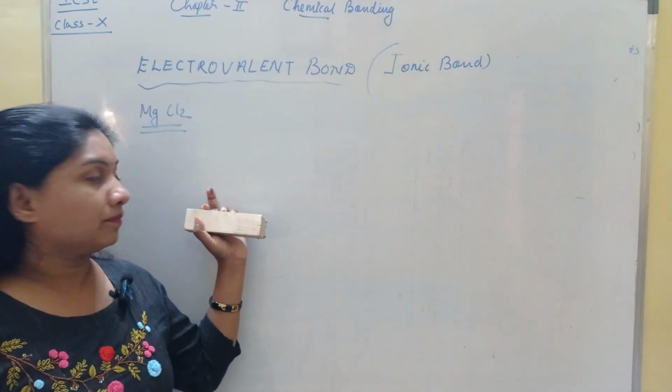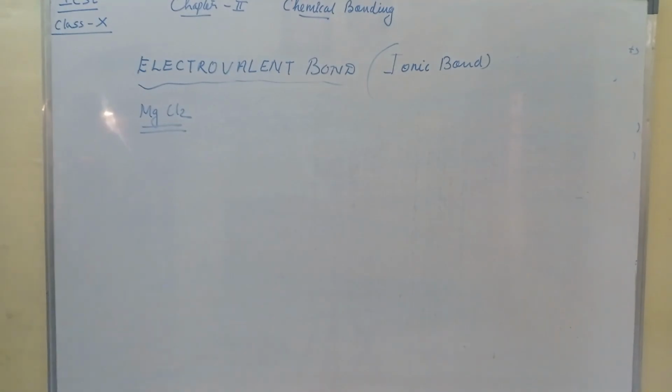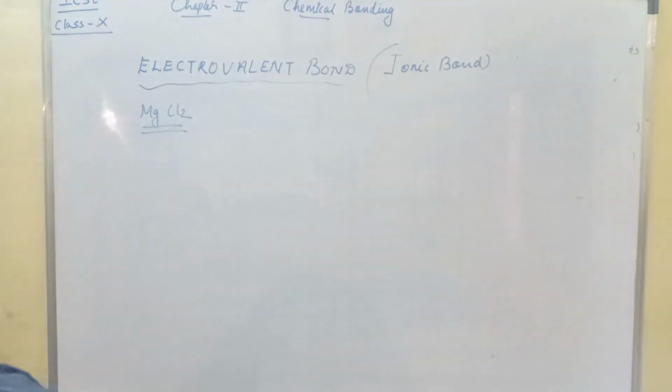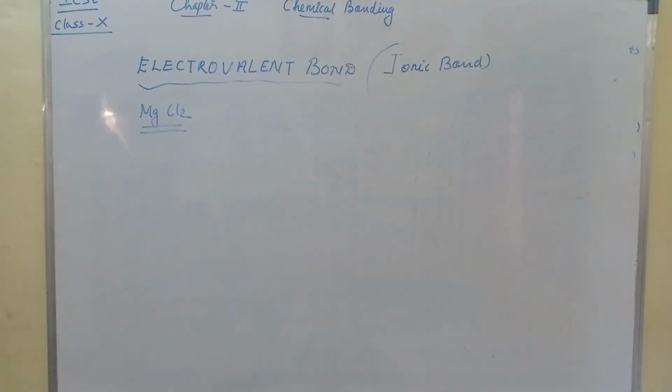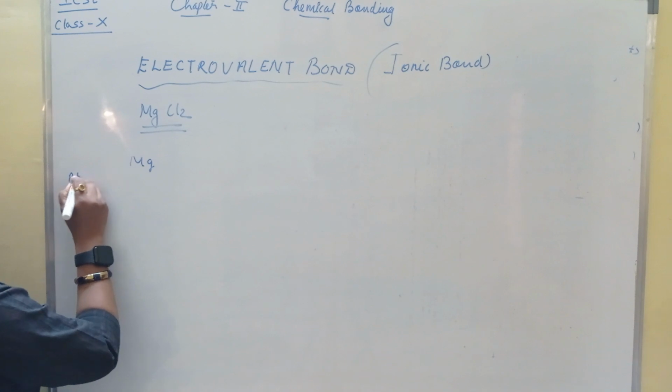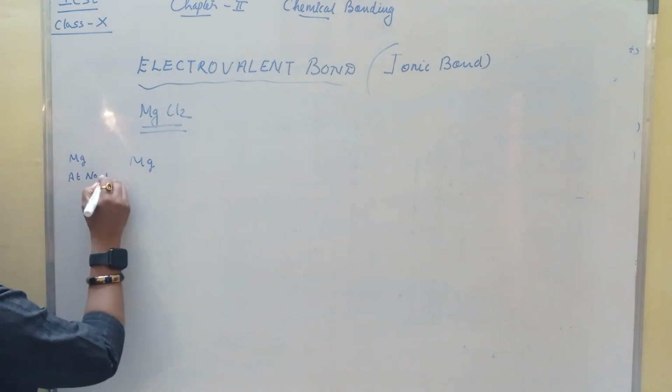You put the heading, I am coming within a second. Alright, so next example is of magnesium chloride. मैग्नीशियम का एटॉमिक नंबर क्या होता है? मैग्नीशियम एटॉमिक नंबर इज 12.